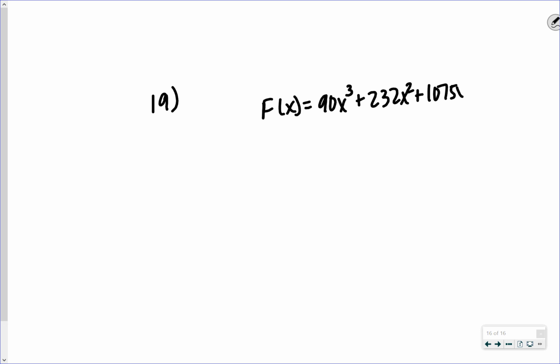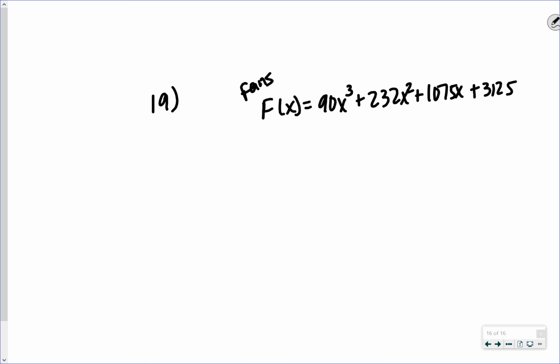Number 19. The total number of fans who went to watch professional tennis games from March to December can be modeled by the function f of x equals 90x cubed plus 232x squared plus 1075x plus 3125. This is the total number of fans at the game.